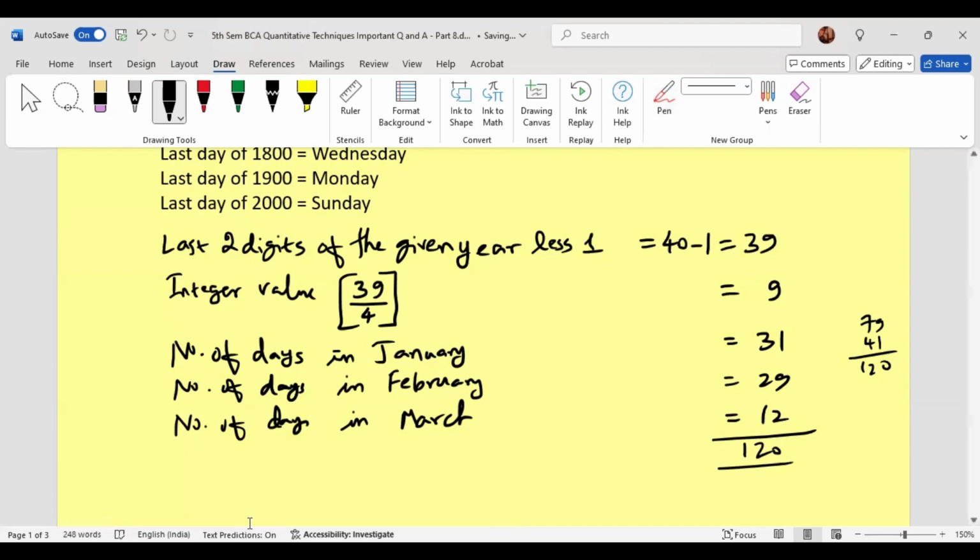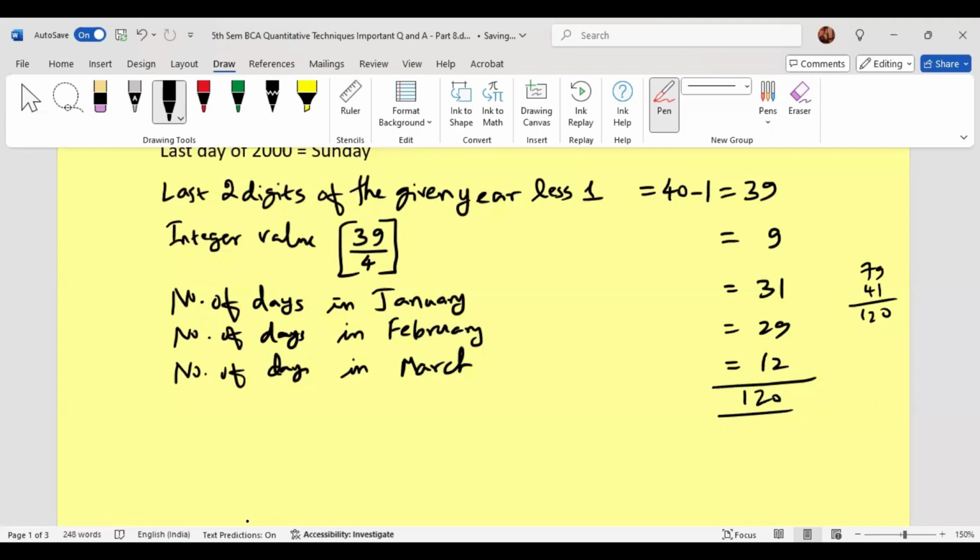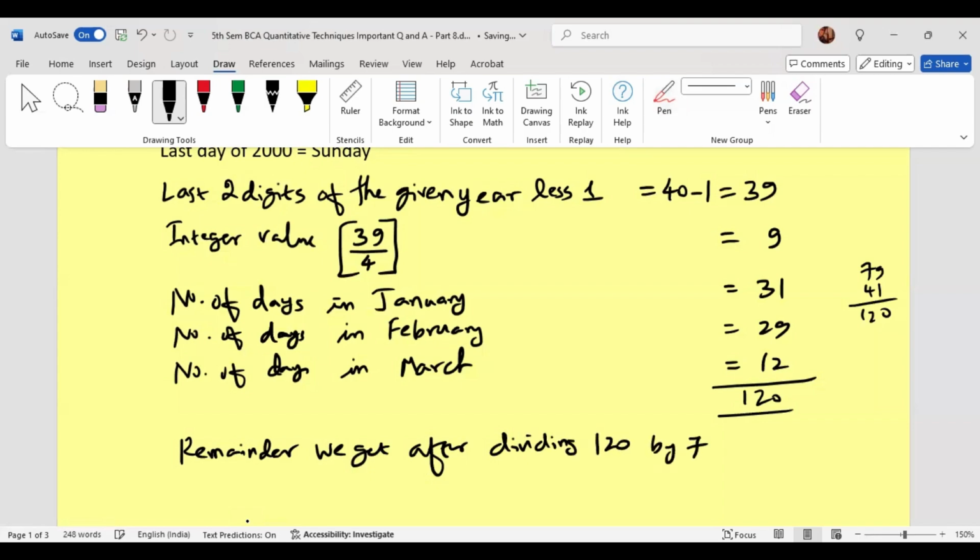Now the next step is to find the remainder after dividing 120 by 7.